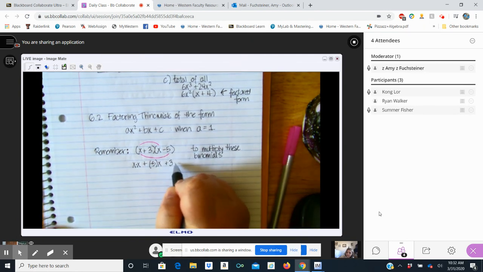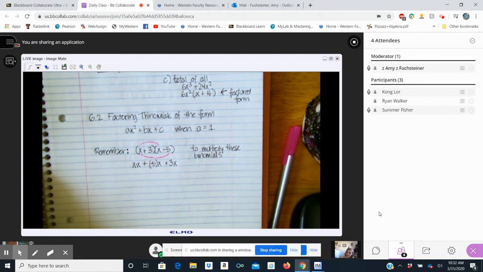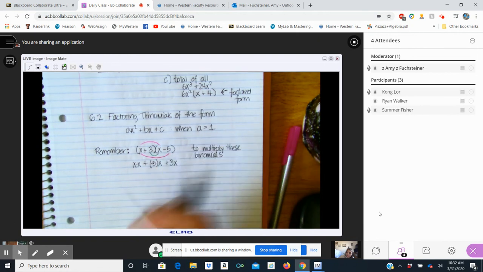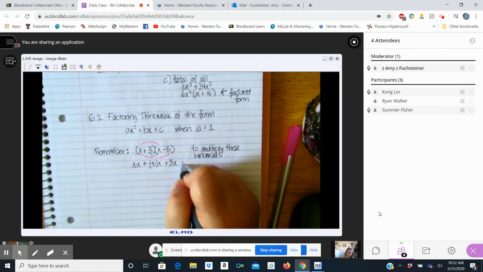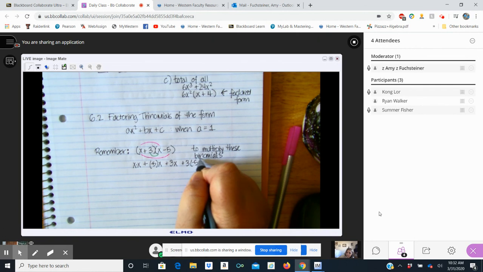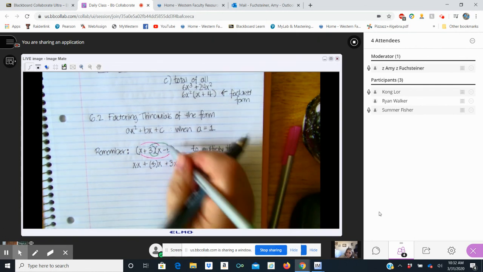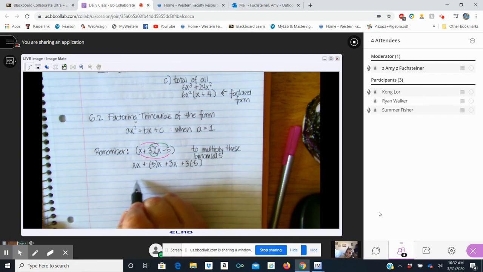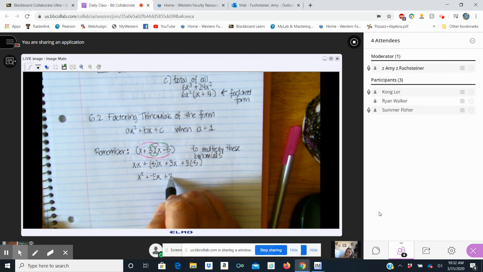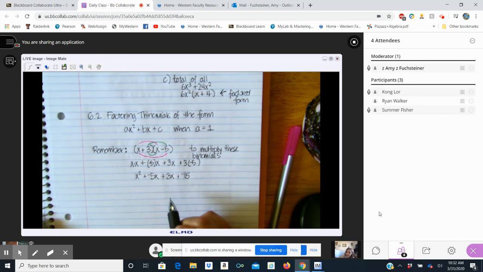Plus 3 times the x plus 3 times a negative 5. This was x squared minus 5x plus 3x plus negative 15, or x squared minus 2x minus 15.